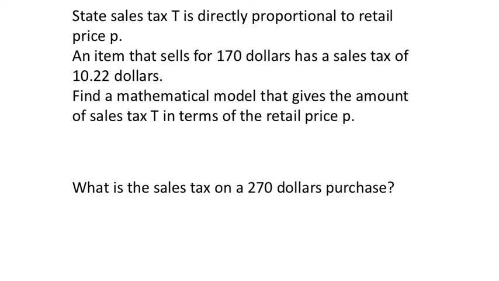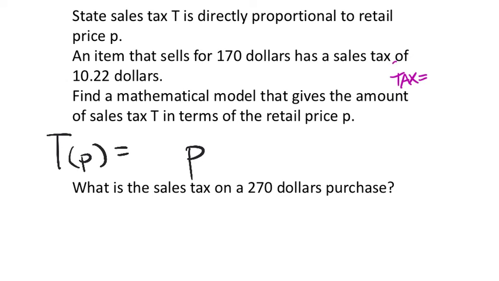So what I'm going to do is we've got to have that mathematical model. When it says mathematical model, it's talking about a function T of P on this one. So that means we've got to have a P somewhere in here, but really it's just the price. You just multiply it by the sales tax. And the sales tax should be the amount of the tax.